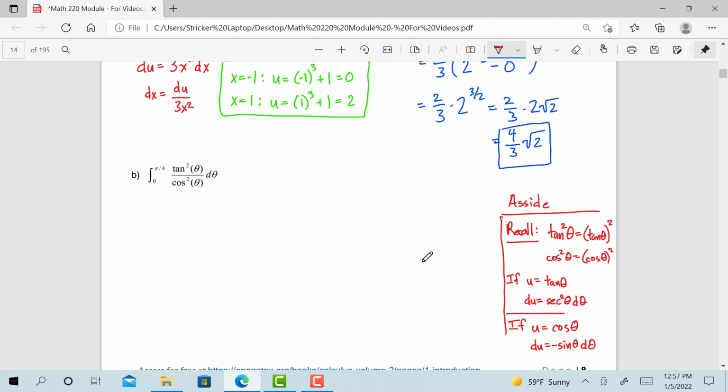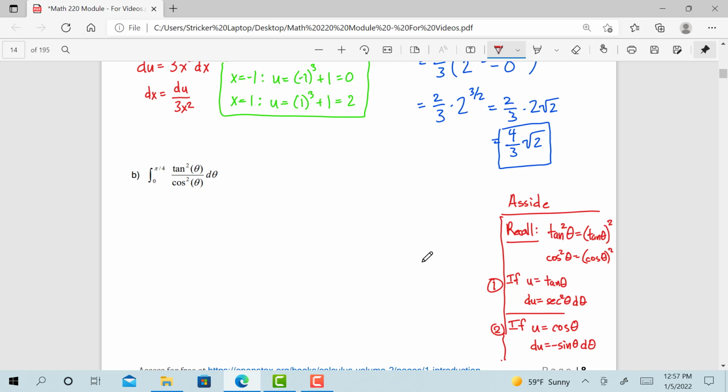And so we have to ask ourselves, between those two choices, choice 1 versus choice 2, which works out better in the problem? So we could choose either one, but remember, the du part, the secant squared or the negative sine, has to show up somewhere else in the problem. The negative sine does not, but the secant squared does.